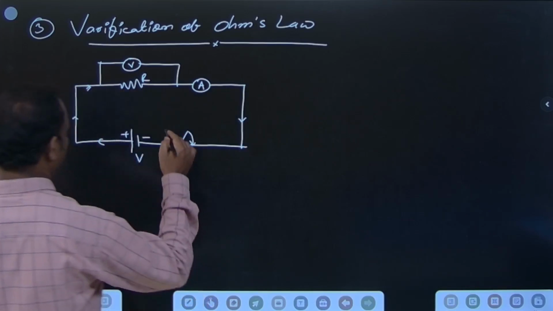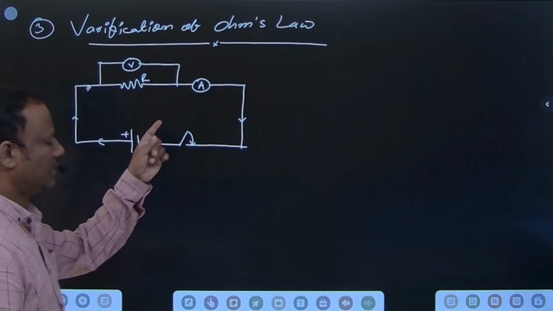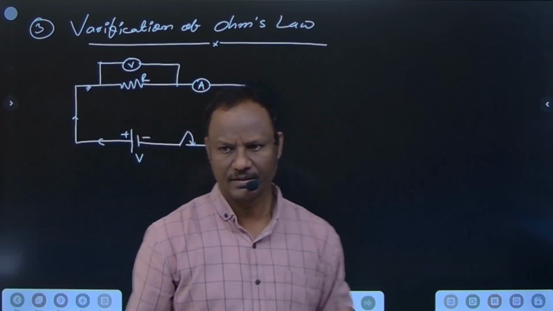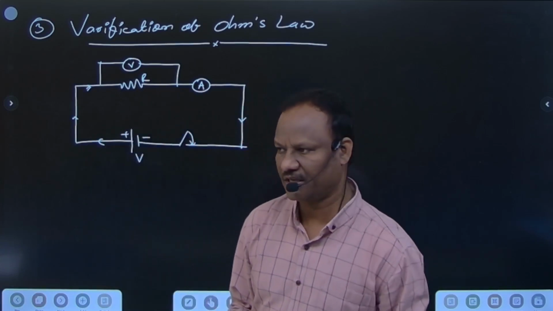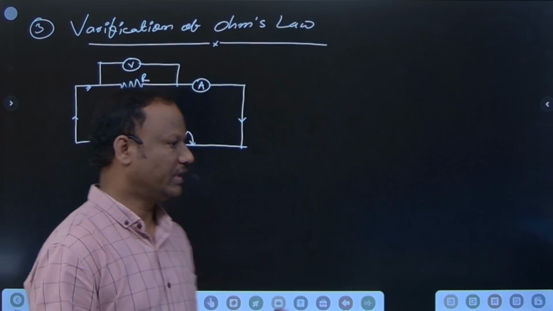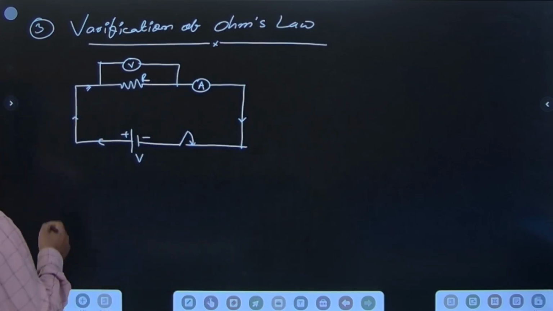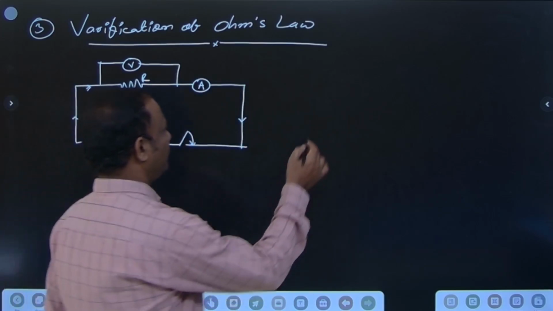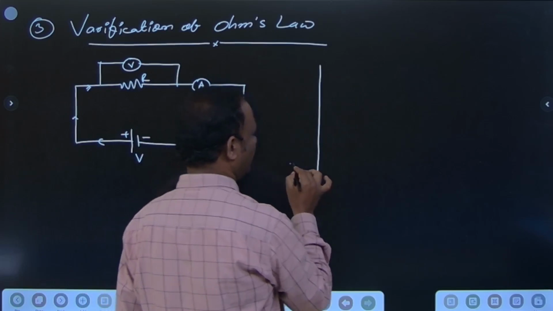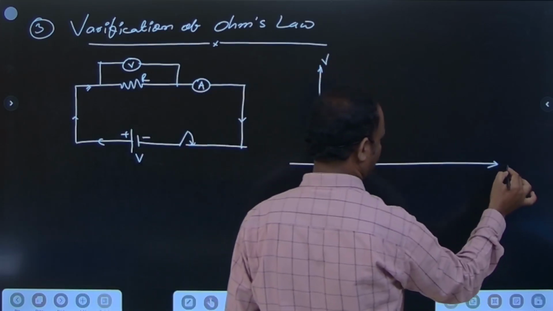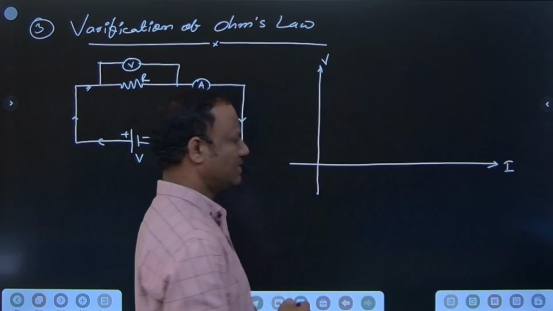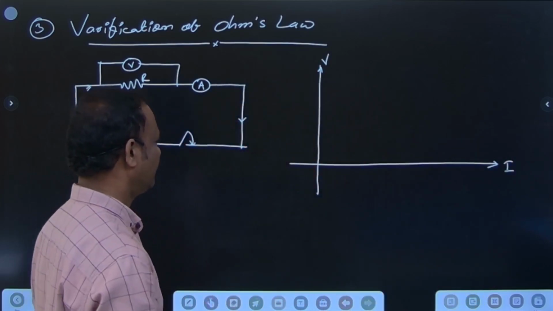Here, as the current value increases, the potential difference gradually increases. This was proved experimentally for different types of conductors. For the first case, it's a VI graph, potential difference versus current graph.